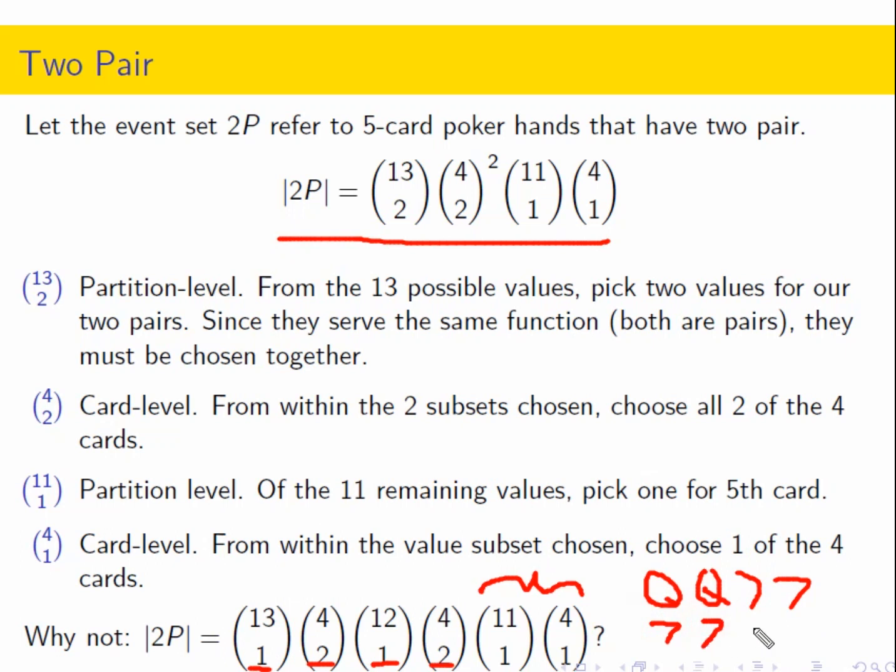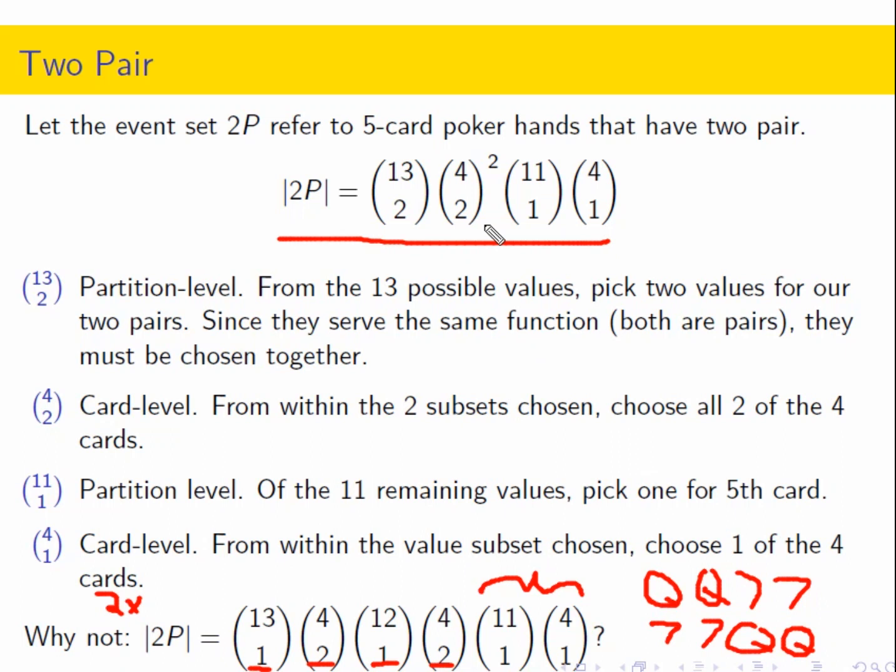That 7, 7, queen, queen, right? That if I have that, the queens and the 7s have a different job. If they have a different job, then we're going to count them twice. Well, this is the same hand. It doesn't matter which order the pairs come into my hand. So this actually counts 2 times as many as we need.